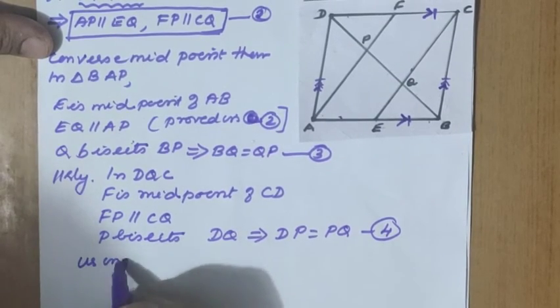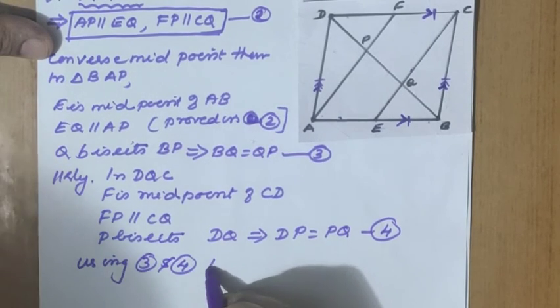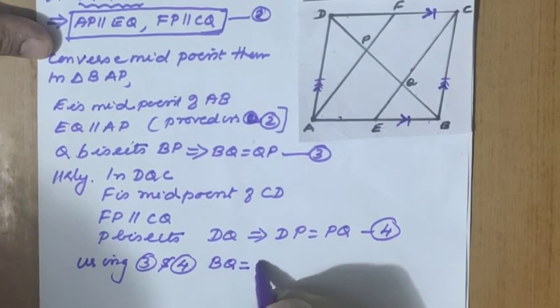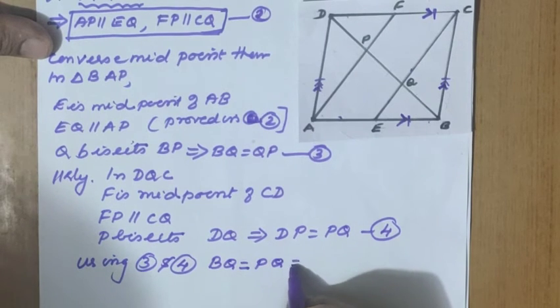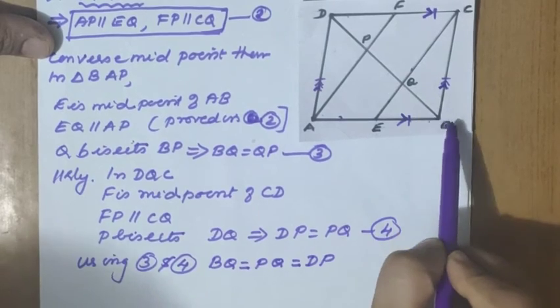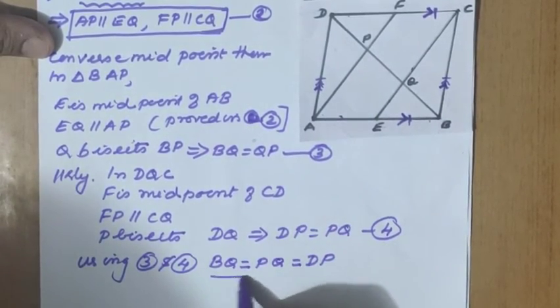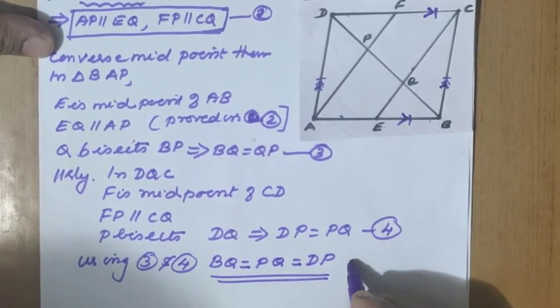Using 3 and 4, what can I write? We can write that BQ equals PQ equals DP. See that on the one diagonal BD, BQ, PQ and DP, all three are equal. What is the meaning of this?